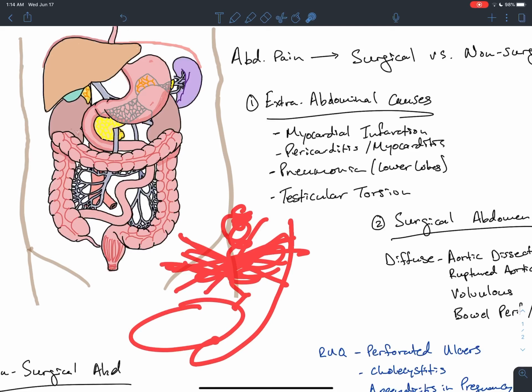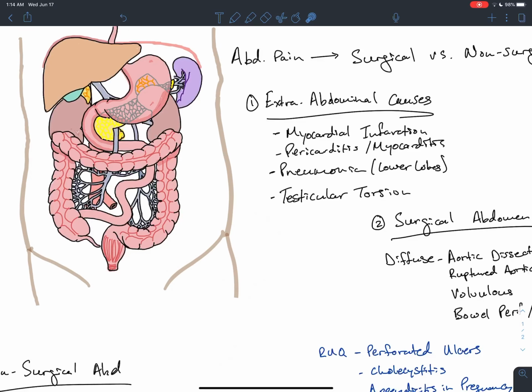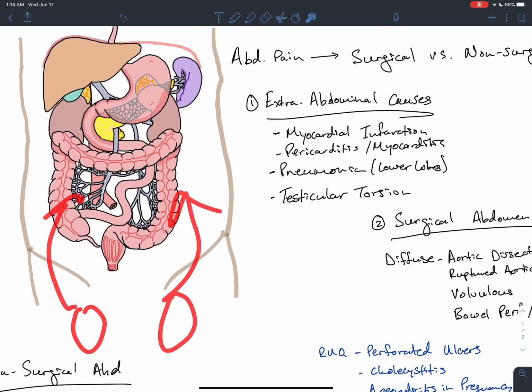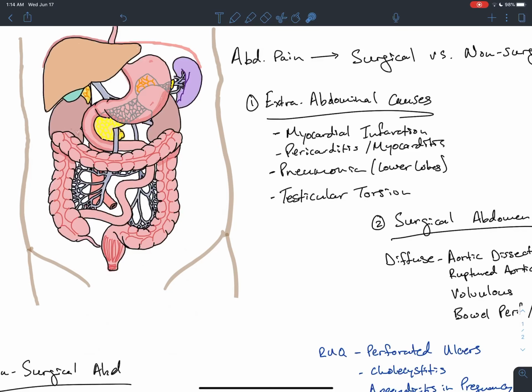You're causing your testicle to be basically starved of oxygen and nutrients, and so it can die. Because the testicle originated from the abdominal cavity, this pain is usually referred to as vague abdominal pain. So if you have a young kid that has abdominal pain that's vague, can't really figure it out, you should do a genital check. You should make sure that there is no torsion.